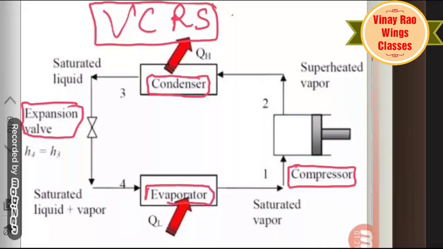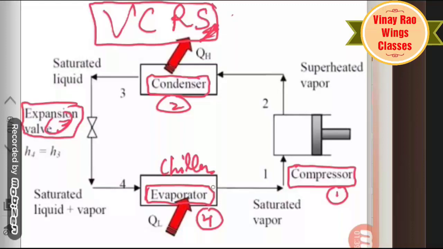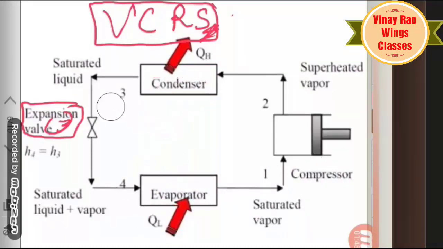Fourth is an evaporator. These are the four major components we use. The evaporator works as a chiller, which we use to decrease the temperature of the system. So the four major components are the compressor, condenser, expansion valve and evaporator.